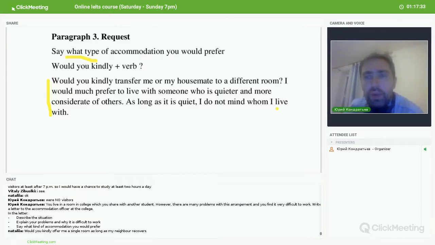Besides a neighbor, you can also say roommate. It's a synonym for neighbor.